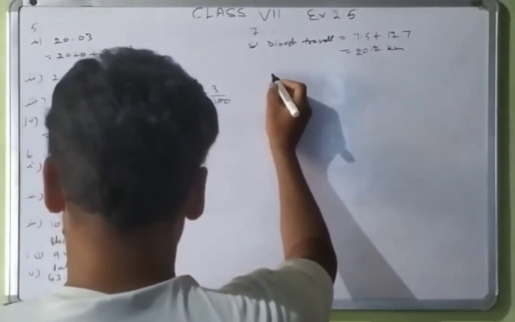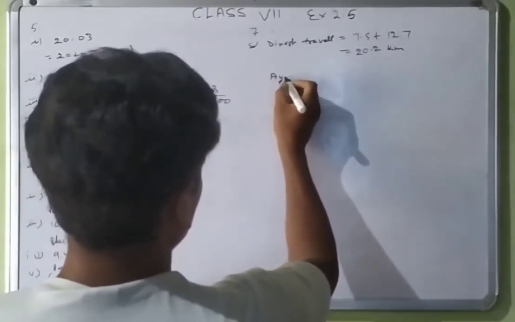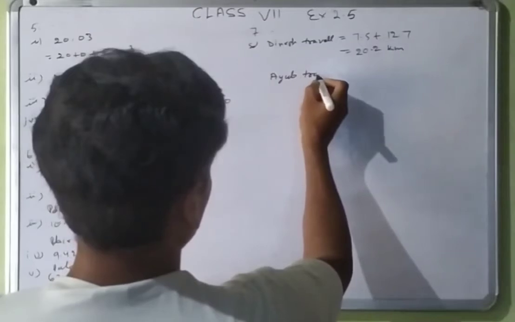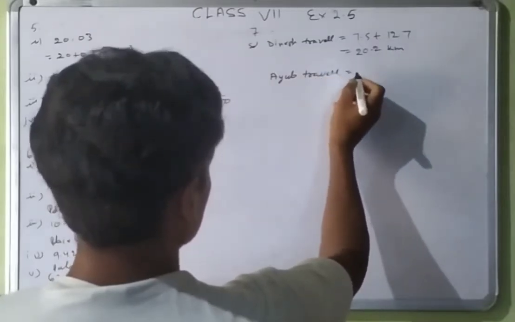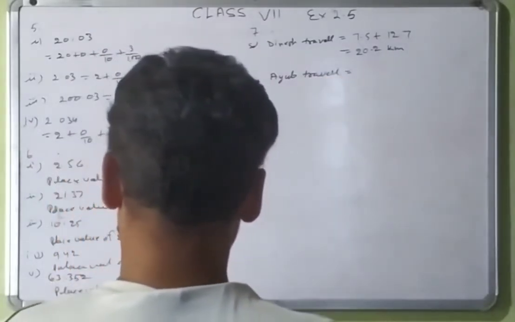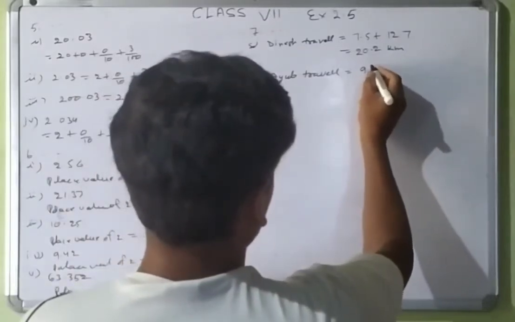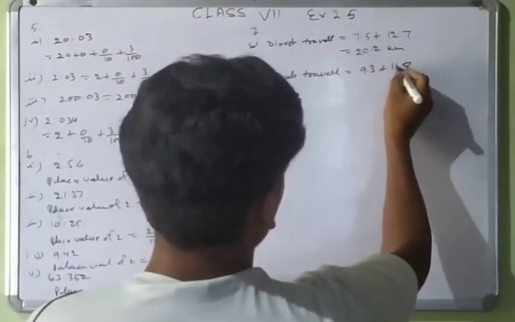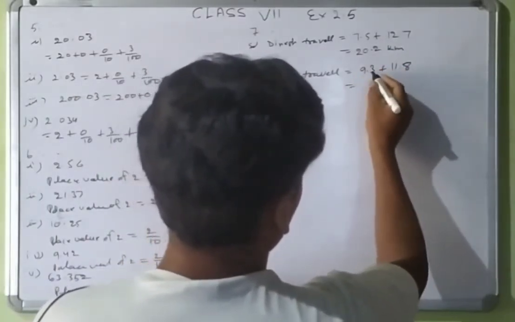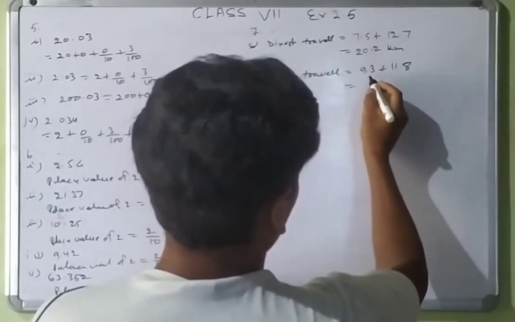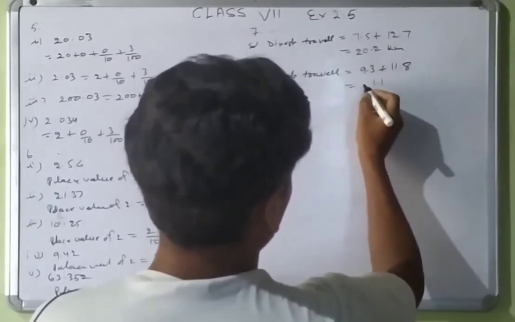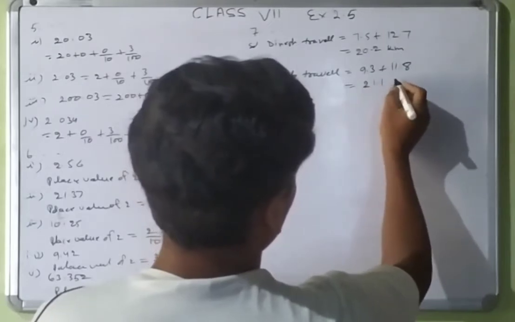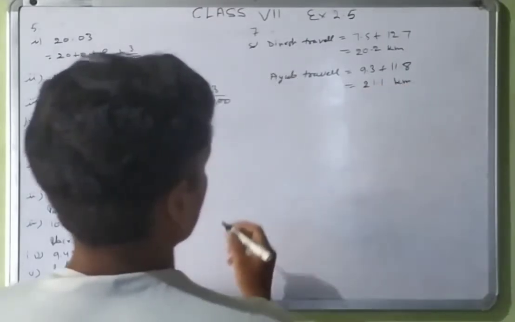And then Ayub travel is equal to 9.3 plus 11.8. So that will be 3 and 8 is 11. And then 9 and 1 is 10, 1 is 11. And then 2. 21.1 km.